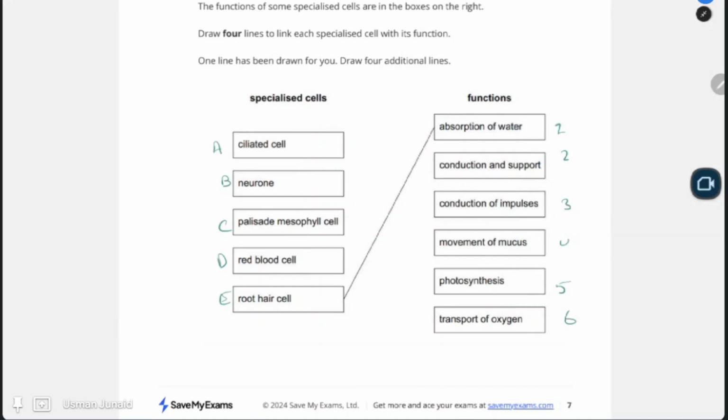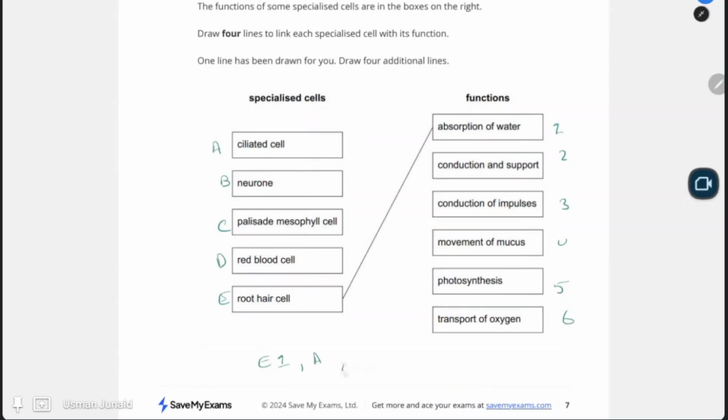So tell me the notations. For example, E1, right? So what is the rest? What is the one for B?